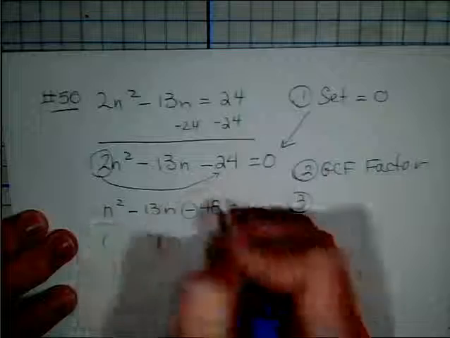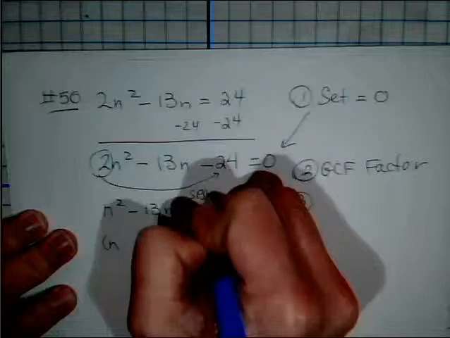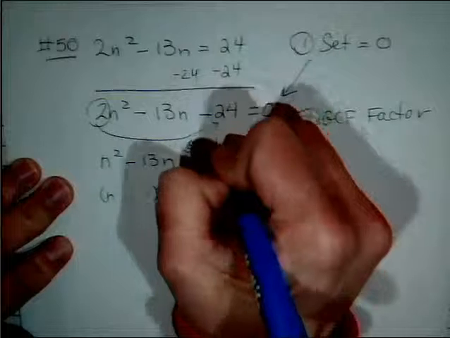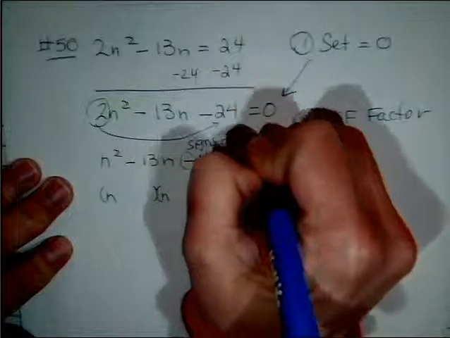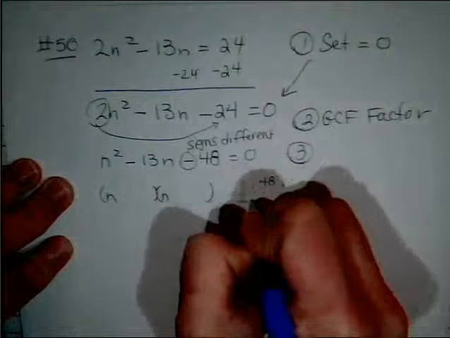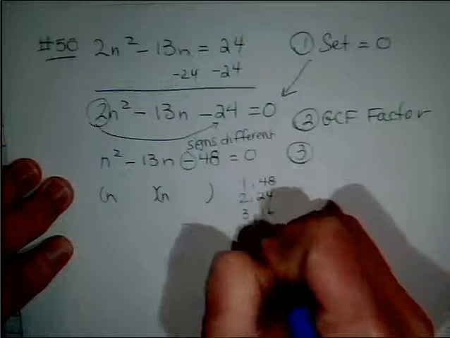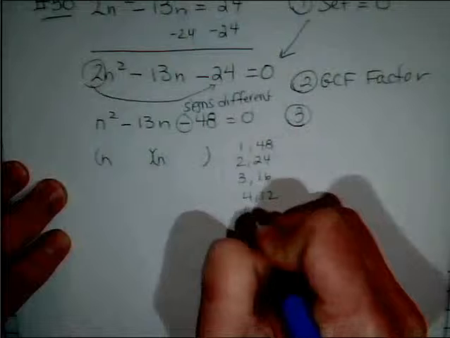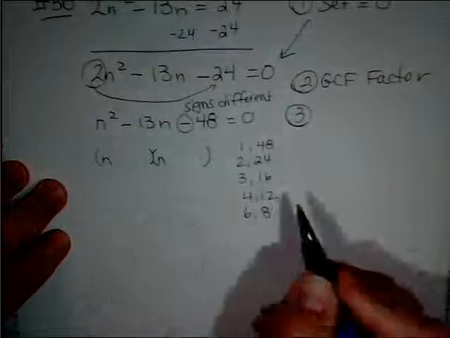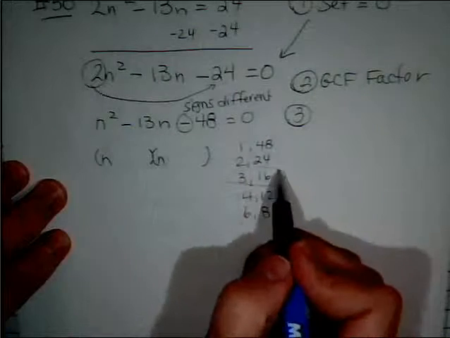0 tells me signs are different. Factors of 48 would be 1 and 48, 2 and 24, 3 and 16, 4 and 12, 6 and 8. And I need to be able to subtract the two numbers and end up with 13. So 3 and 16.